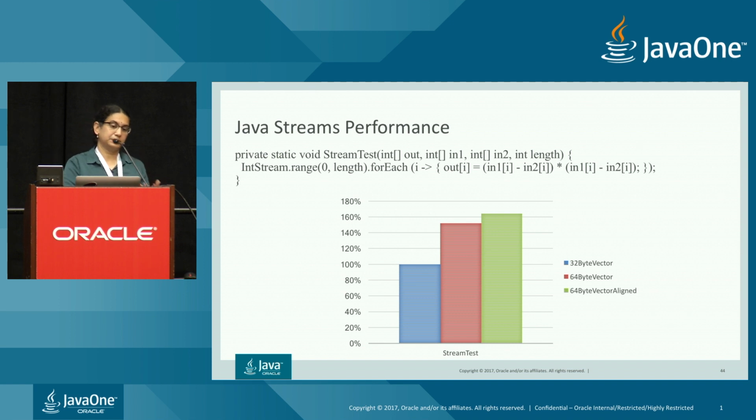If you used parallel along with this lambda, you would see a gain across multi-core, as well as benefit from the vector unit on the processor. Here, this run is done on a single core, and you see a gain of up to 60% with alignment and 64-byte vector.